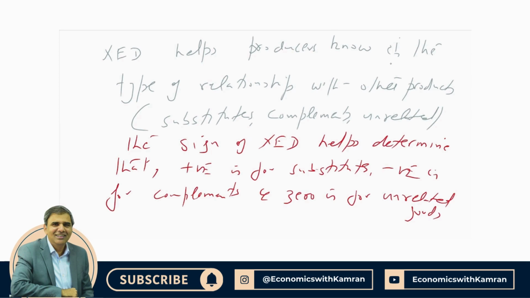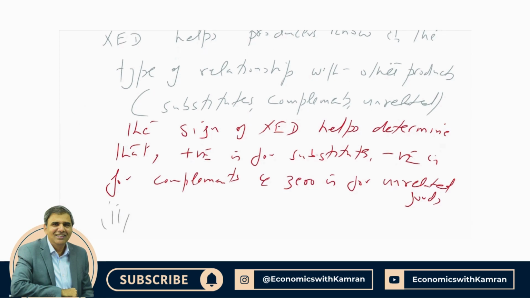So this is one utility or one benefit of knowing cross elasticity, that it tells us the type of relationship. The second benefit, the second usefulness of cross elasticity, is that it helps the producer know the closeness of the relationship.